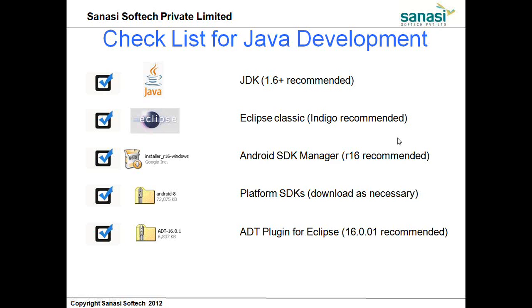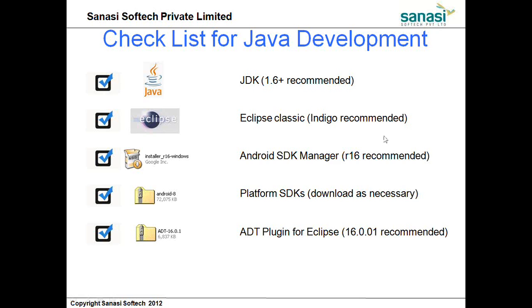So, depends on how many versions you're trying to build the applications for. And finally, you'll have to get hold of what is called the ADT plugin for Eclipse. So once you install this plugin, Eclipse is customized to help you in Android application development. So that's a checklist for if you want to build applications using Java.